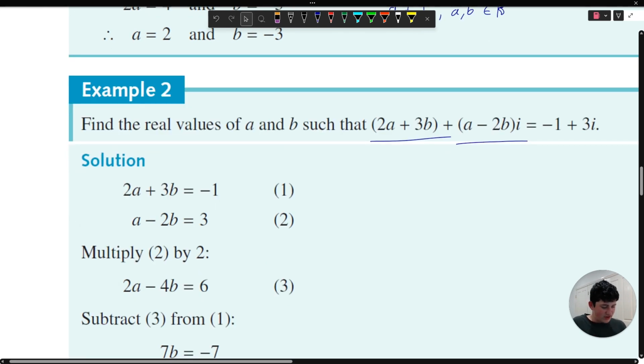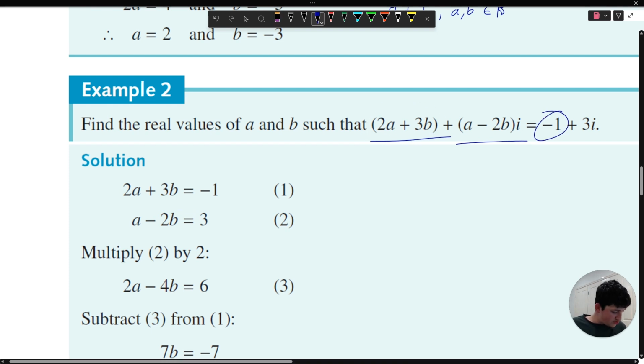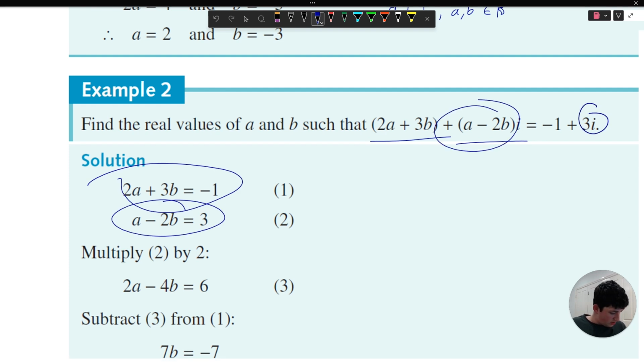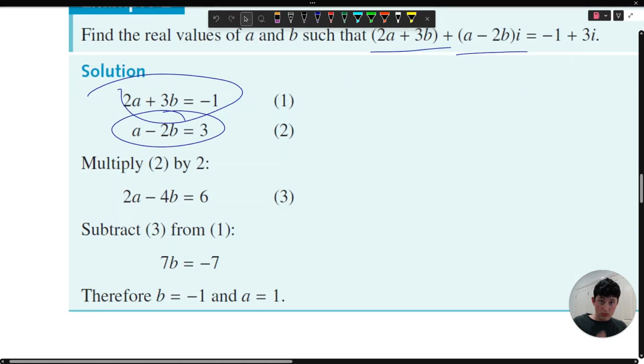So you get the two simultaneous equations. You match the real part with the real part of what's on the other side, and you match the imaginary part with the imaginary part. You following? Hey, this is important. Listen to this.